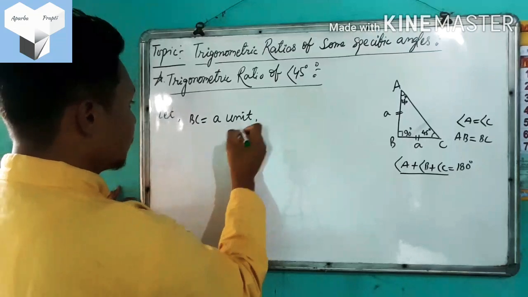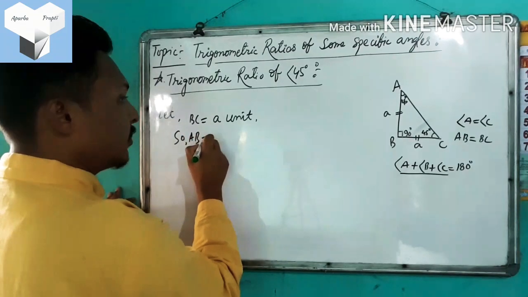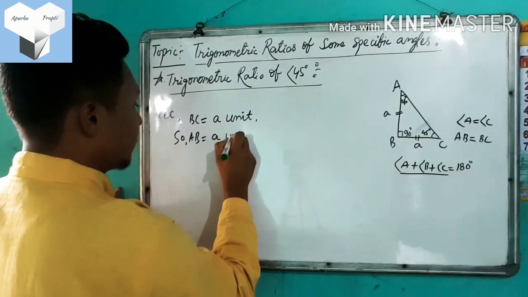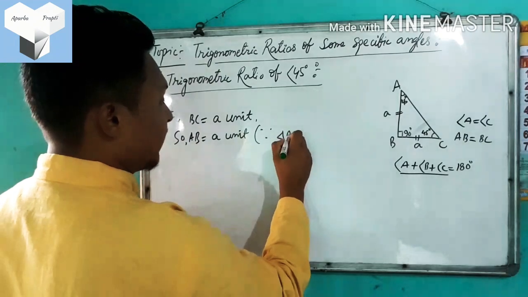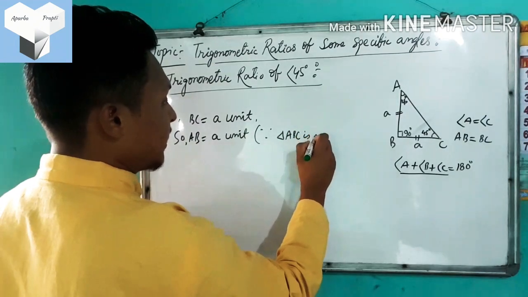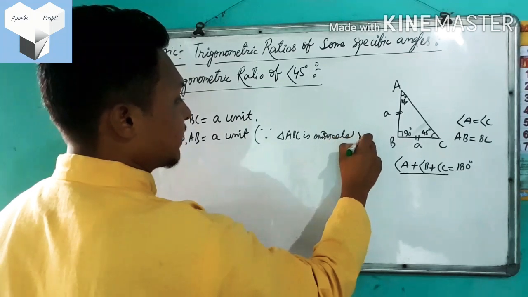So AB is equal to how much? a unit. Why is this? Since triangle ABC is isosceles.